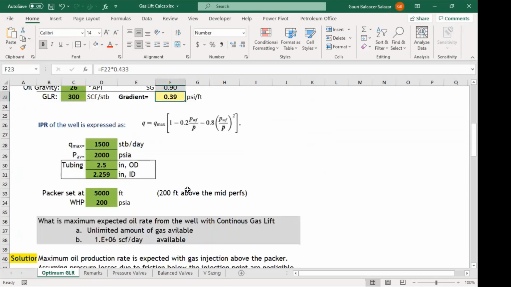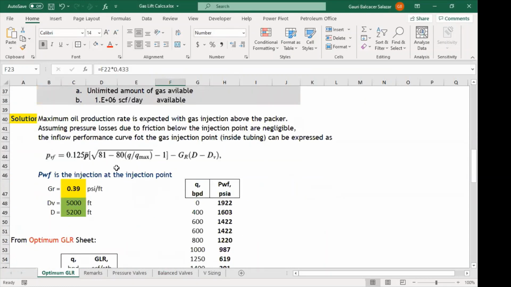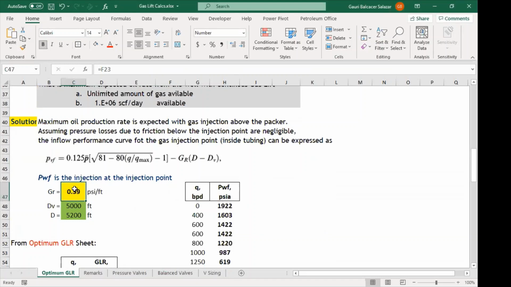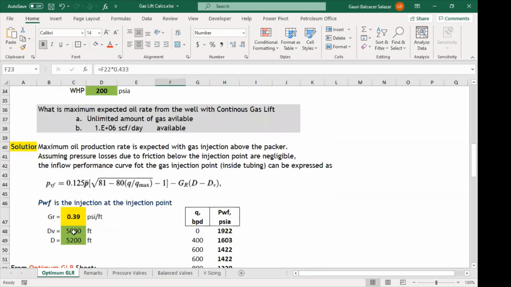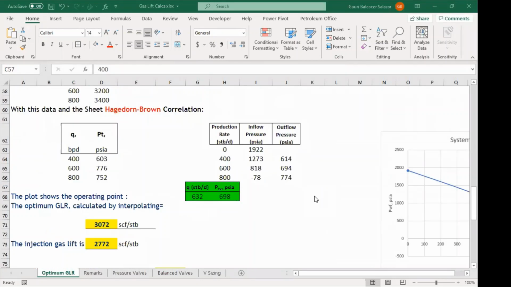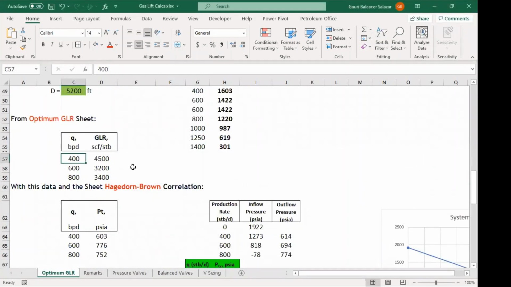So based on this equation, the gradient again is the one we calculated back here, and this is the setting depth of the valve, and this is the total depth. We have the optimum gas lift ratio sheet.